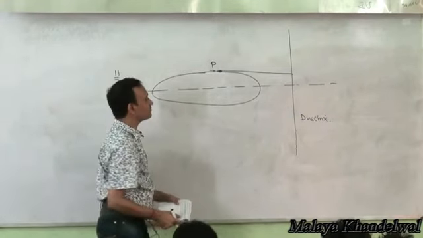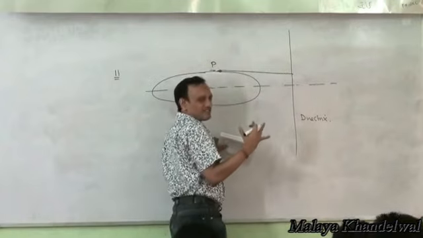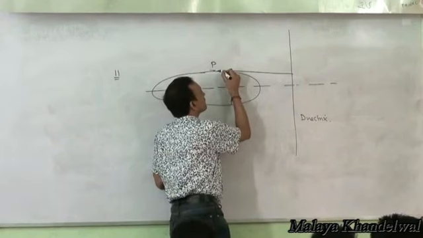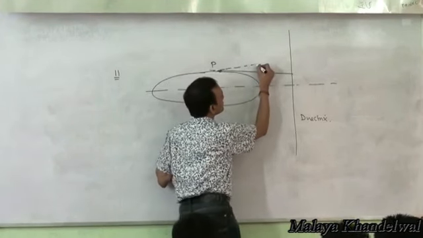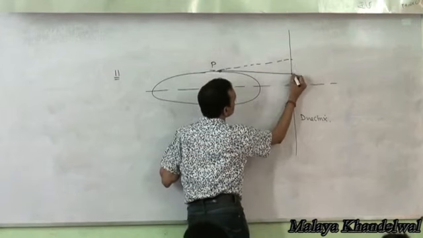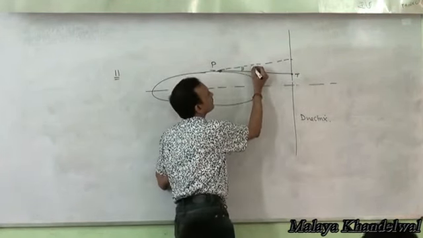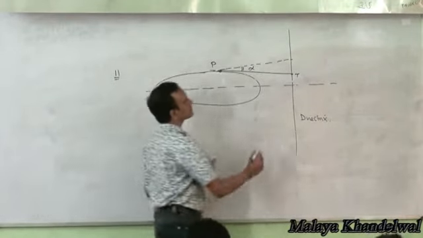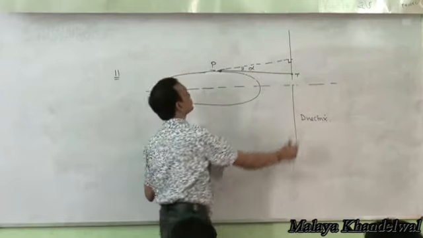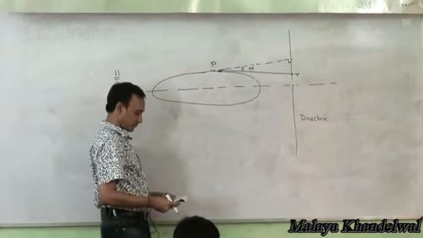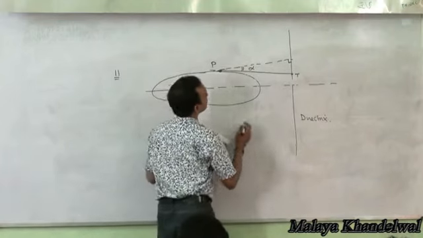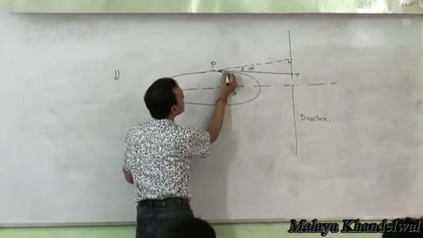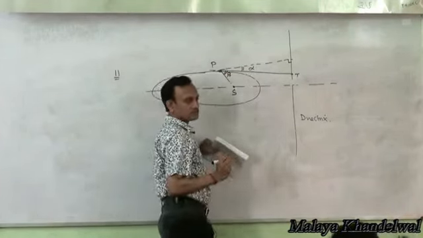This tangent makes an acute angle alpha with the major axis, or with any line parallel to the major axis, and an angle beta with the focal radius. This is the focus. So this angle is theta. This angle is beta.